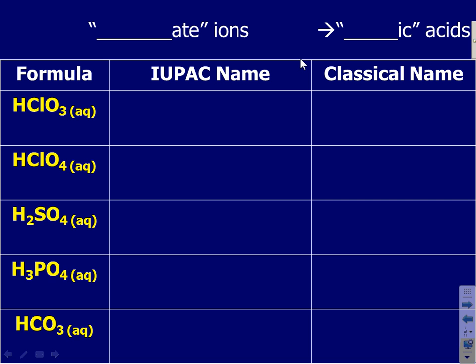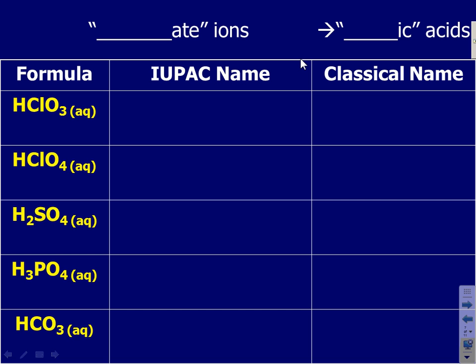So this is the second little kind of helper statement that I'm going to put on the board for you. If it is an anion that ends in ate, all right? So if you're on the back of the periodic table and you find it and it ends in ate, then when you add the H's, it becomes blank-ic acid.